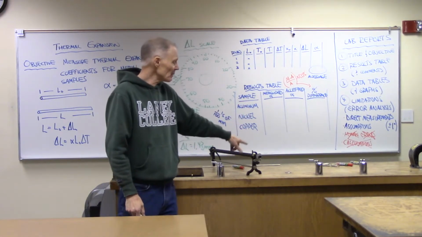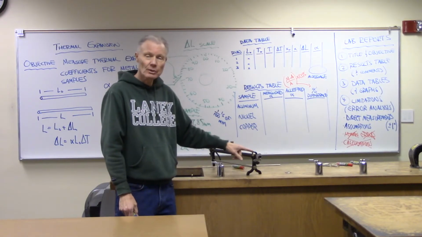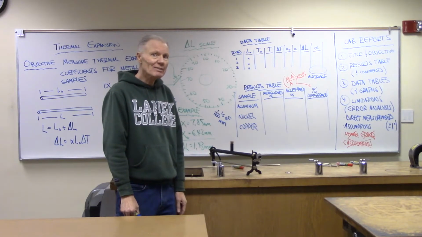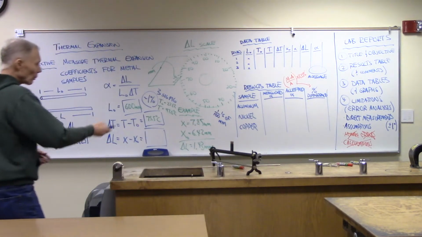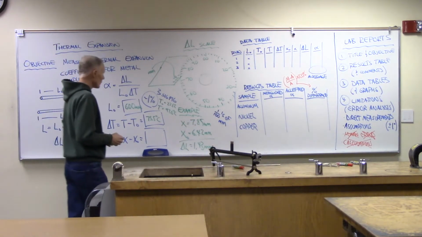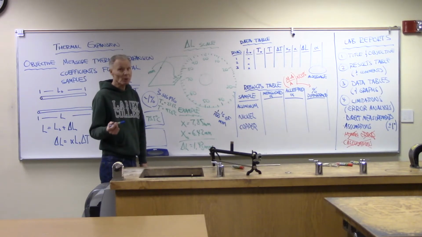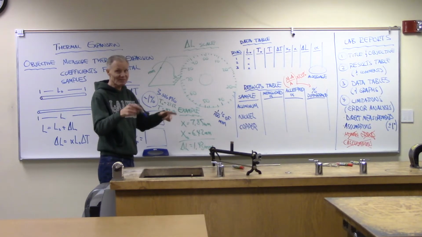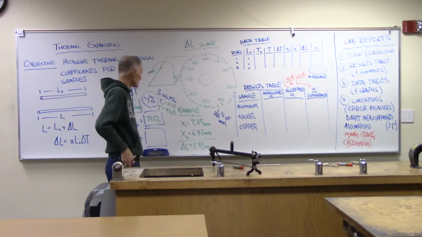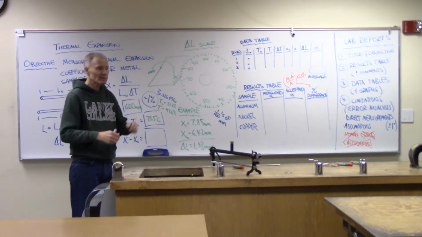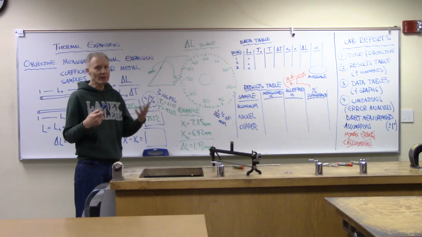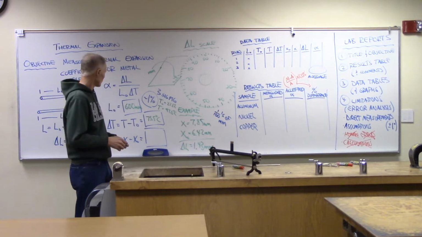Now there are still some limitations built into this, but it's reasonably reliable. So we'll see how much variation we end up with. Of course, I'm your lab partner, so I'll be doing a lot of these actual hands-on measurements. But you guys will be able to see how much variation there is from one run to the next.